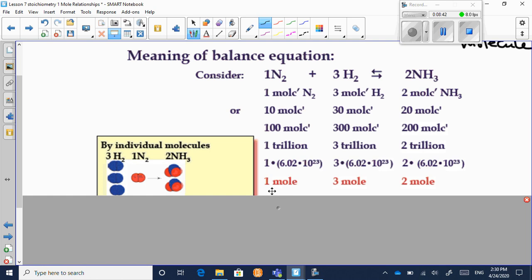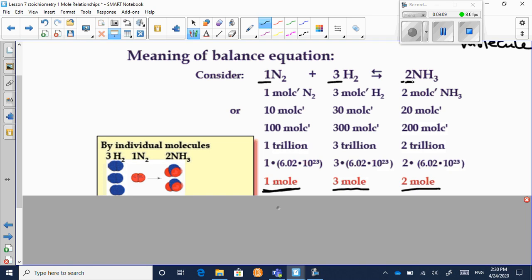So basically, here's the key: we know that if you have 1 mole, that's 1 times 6.02 times 10 to the 23, if you have 1 mole of N2 and 3 moles of H2, you can make 2 moles. So really, your balanced chemical equation tells you the moles required, okay?